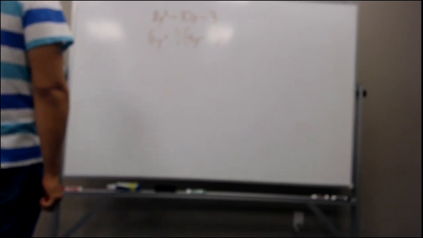For each of them, it tries two numbers whose product should equal the last term, and the sum of the outside and inside products should be equal to 10y. So it puts 8y plus 1, y minus 3, it tries this one, this one, this one. This is the only one that works: 4y plus 1, 2y minus 3.